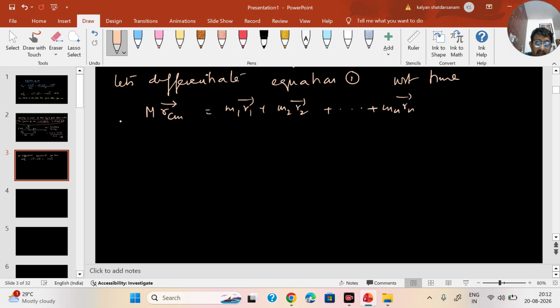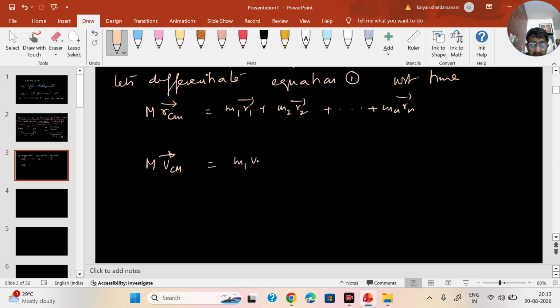So if I differentiate this with respect to time, note that masses are constants, they don't change. So when I am differentiating, I can keep mass aside. So m into d rcm by dt, that is nothing but vcm. Rate of change of position of a particle gives velocity of the particle. So when I differentiate rcm, I get vcm.